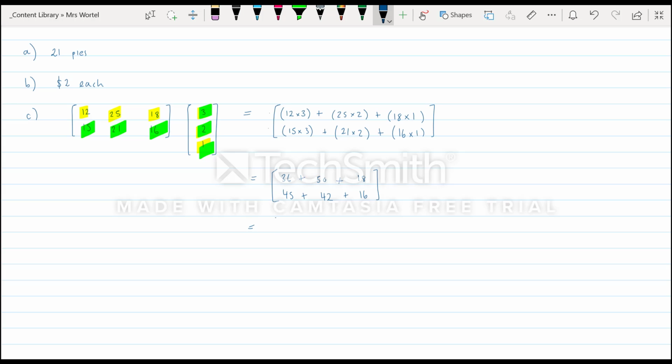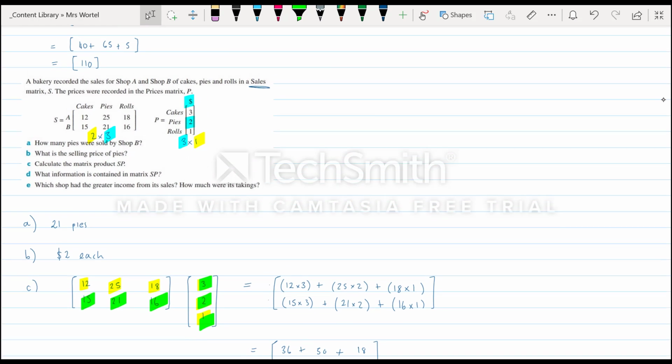And simplifying one more time, 36 plus 50 is 86, plus another 18 is 104. 45 plus 42 is 87, plus another 16 is 103. So that there is the multiplication of S multiplied by P.